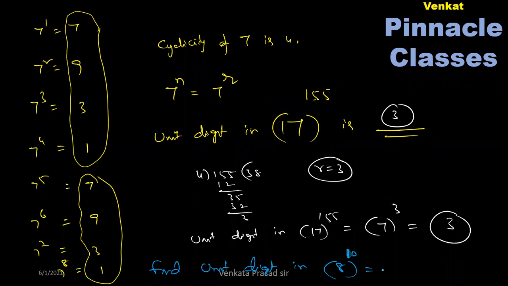Here also cyclicity of 8 is 4. So divide with 4 means remainder is 2. So answer is coming 4.